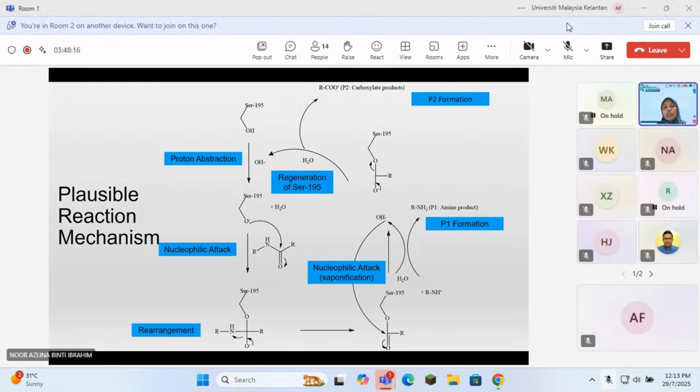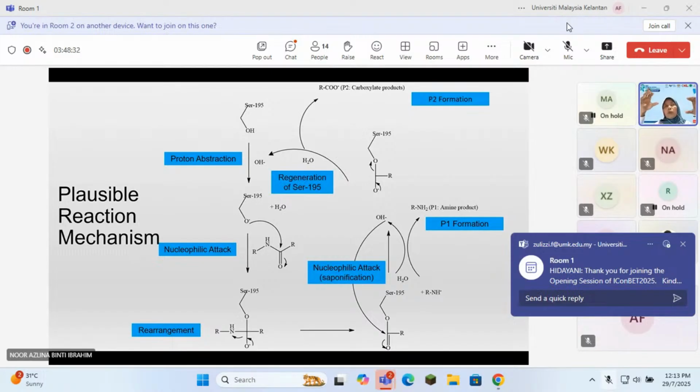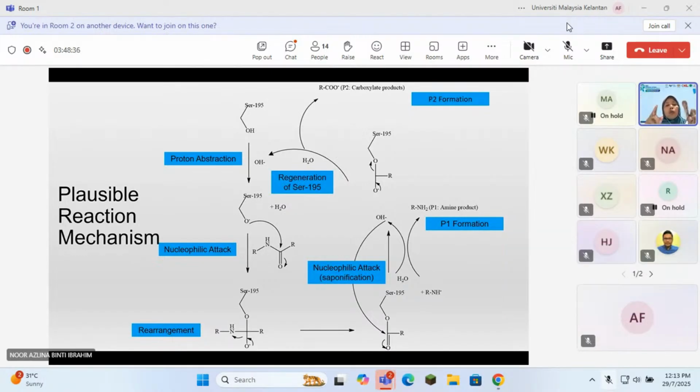The main amino acid here is serine, which accepts the OH, because when we put a protein inside the alkaline condition, there is more OH than when we put it in other pH conditions. Okay, this is a mechanism of action.